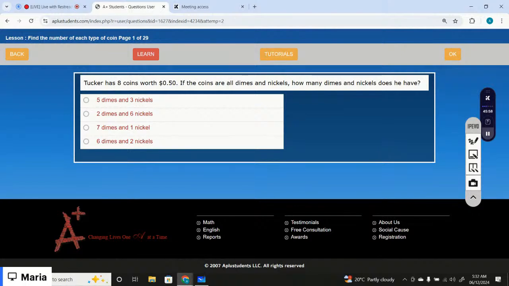One dime is 10 cents, right? And one nickel is 5 cents.